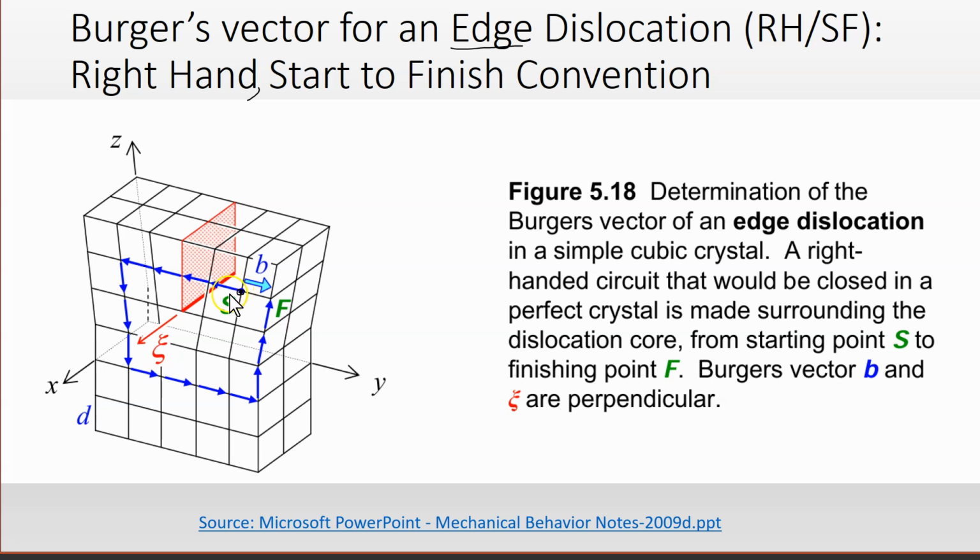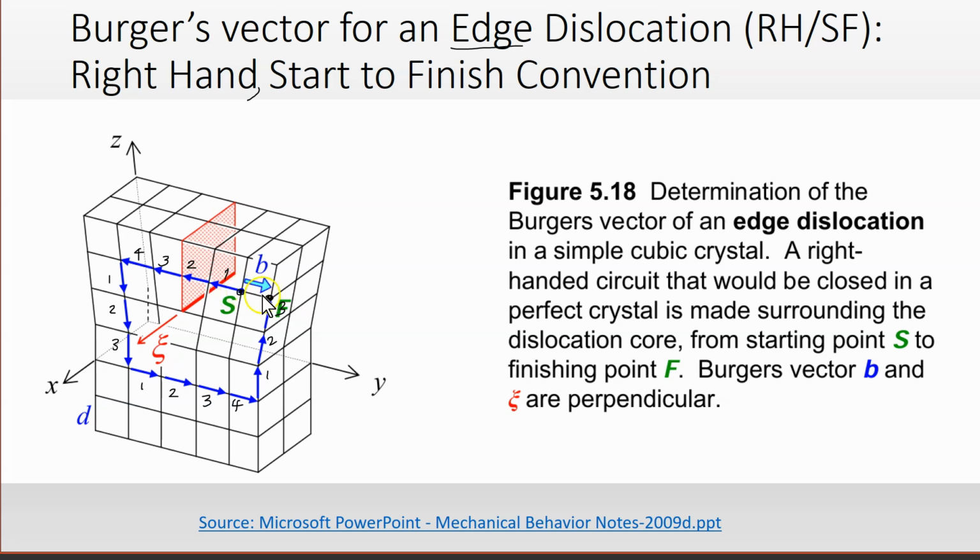On a perfect crystal, if we step 1, 2, 3, 4 steps towards the left, and then go down 1, 2, 3, and now we step 1, 2, 3, 4 towards the right, and then we go up 1, 2, 3, we should have, if the crystal was undistorted, ended up at our start position, but we did not.